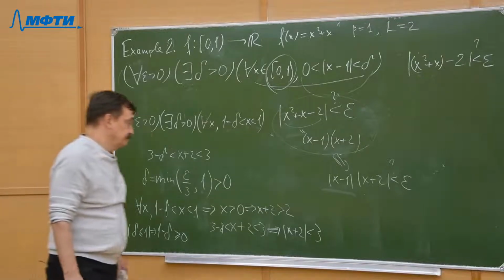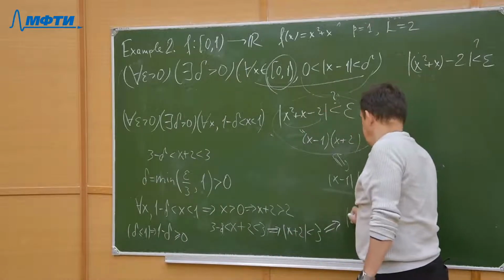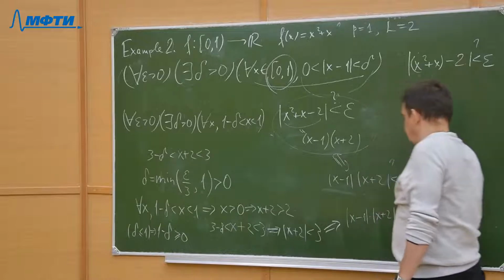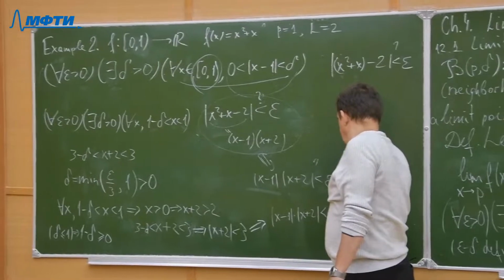Then we can deduce from this inequality that this product is less than 3 times modulo x minus 1.